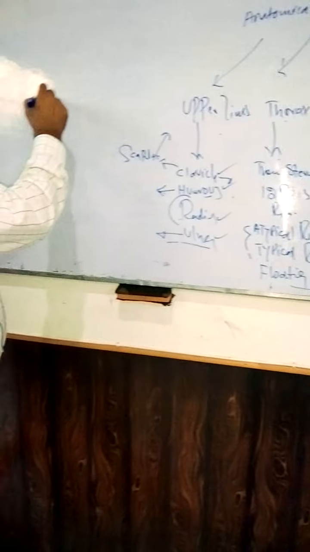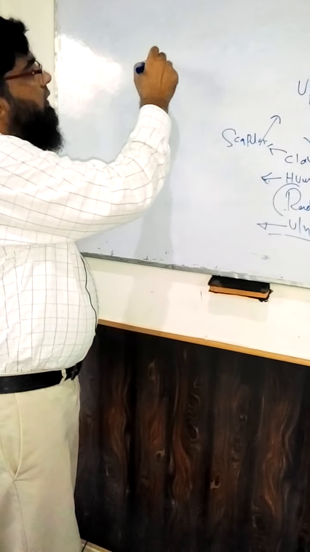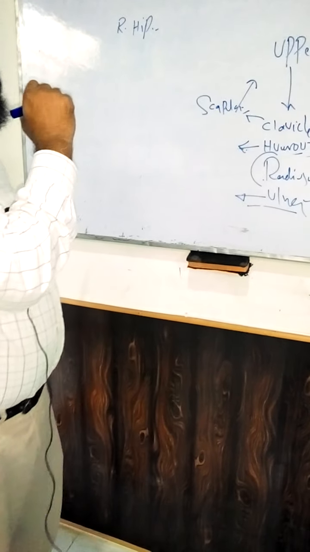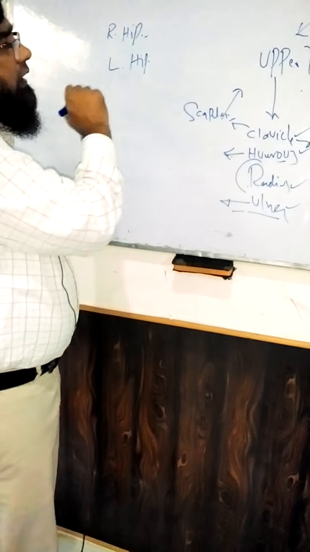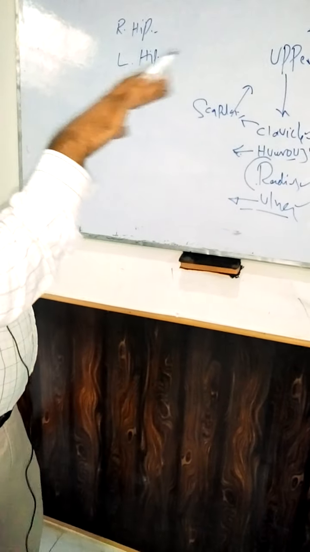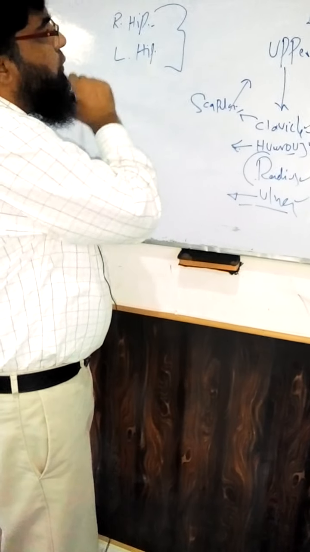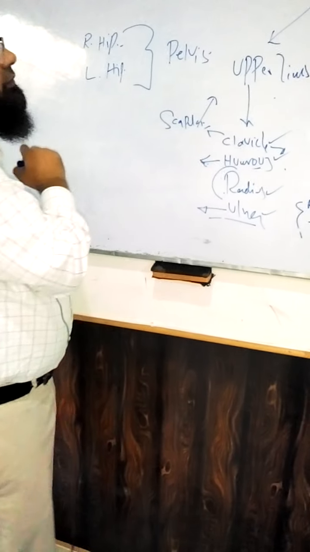Now there is another thing. There is a bone called the hip bone on the left side and the right side. You can consider them as a single bone, the hip bone. But if we combine these 2 bones, left and right, we call this the pelvis.